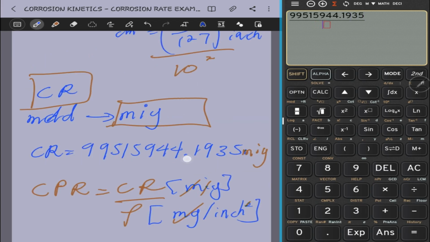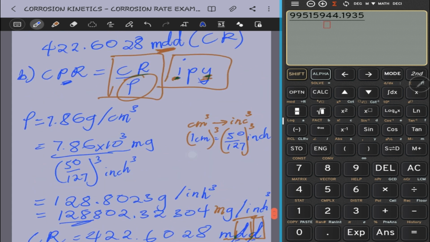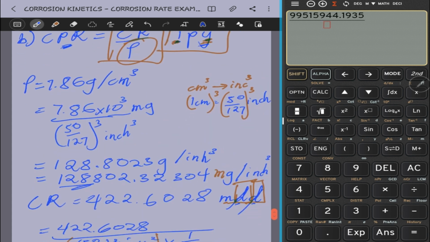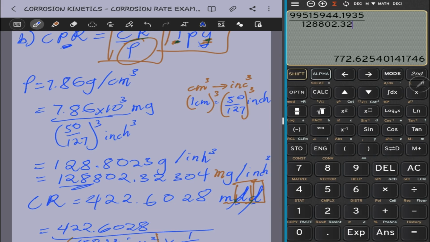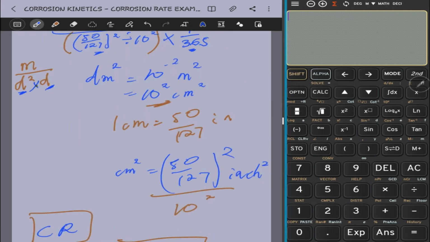And the density that we had after the conversion is 128.3230304. I just want to point it out for us to see clearly what we are using.